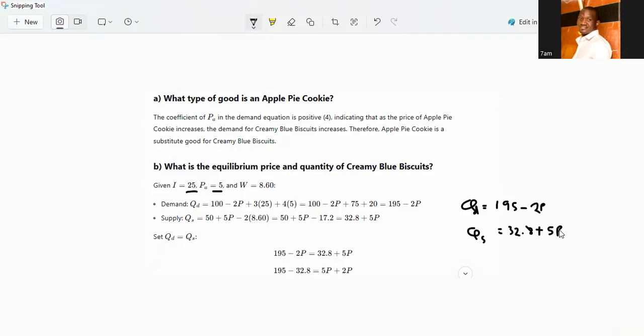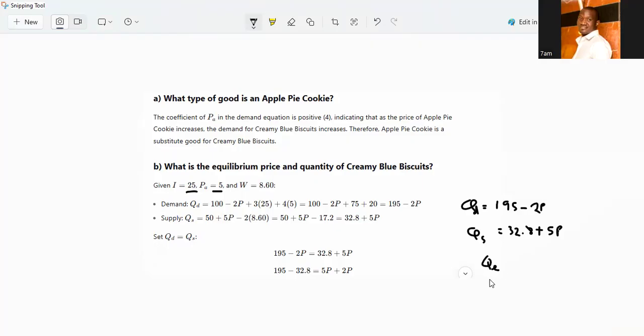So at equilibrium, demand is equal to supply, you equate these two and solve for equilibrium. When you calculate properly, your price is equal to 23.17. That is your equilibrium price, 23.17.